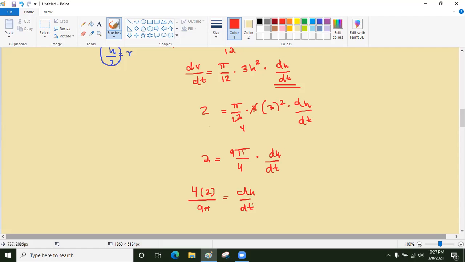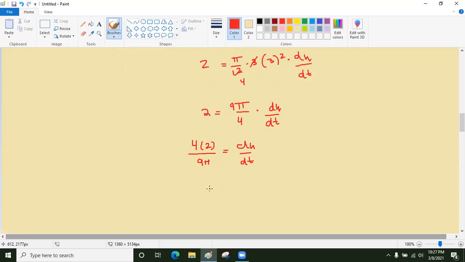Of course, we're dividing both sides by a fraction, so we're going to multiply by the reciprocal, and then we'll have 8 over 9 pi equal to dh over dt. And of course, if you were to plug this into a calculator, you would get a more exact answer. But this is in essence what we want to take away.